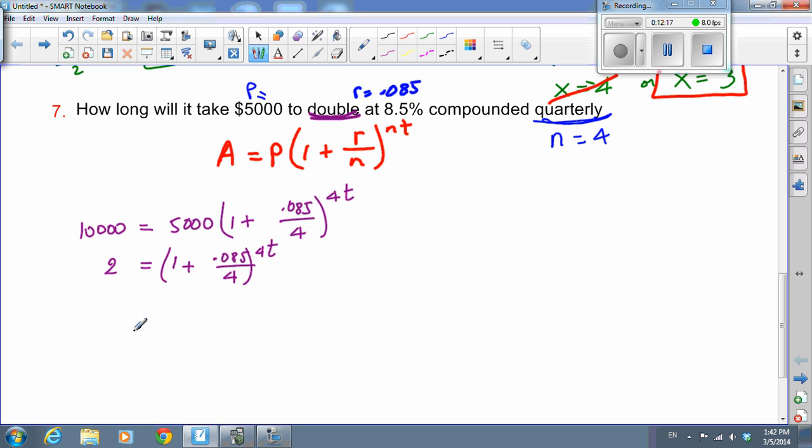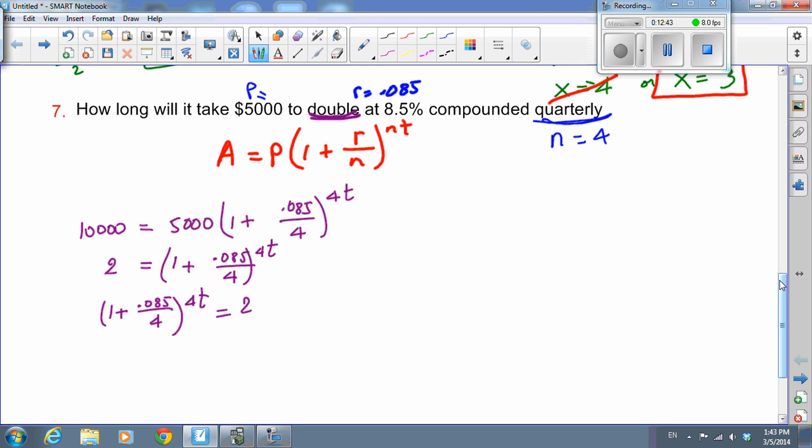Well, at this point, the only way for me to solve this is to change it into a log function. You can use log, you can use natural log, but I will use the log because I want that base. Now, if it makes it easier, rewrite it as (1 plus 0.085 over 4) to the power of 4t is equal to 2.